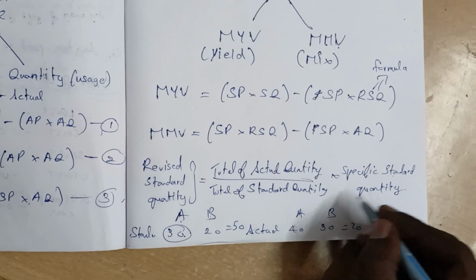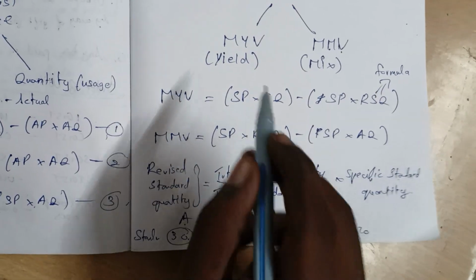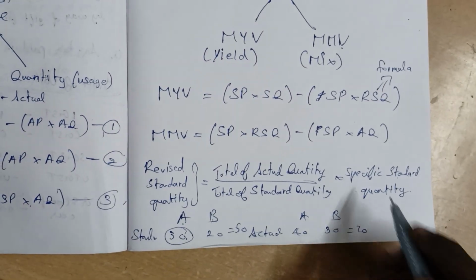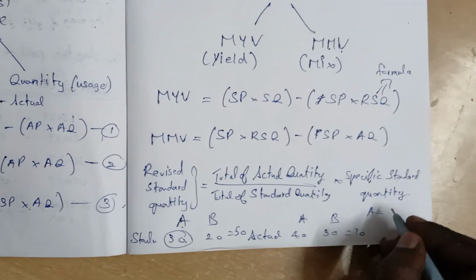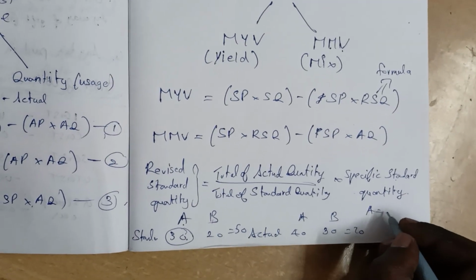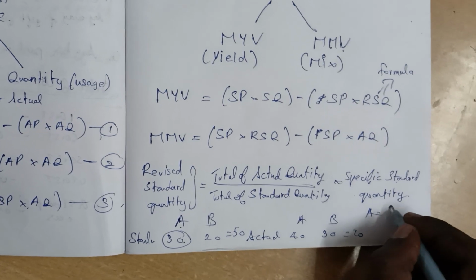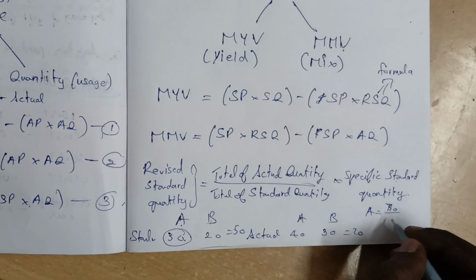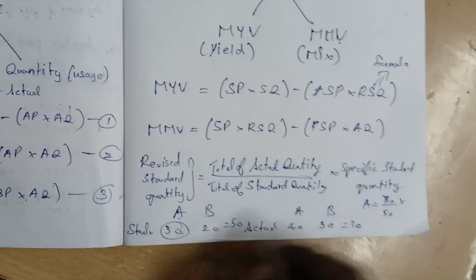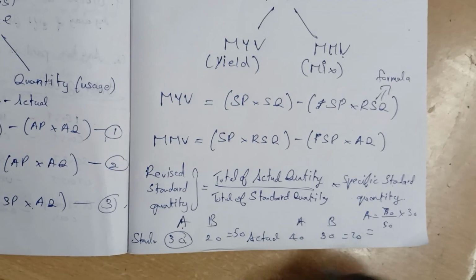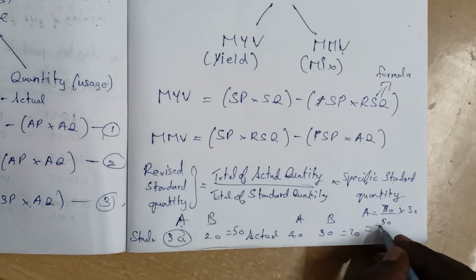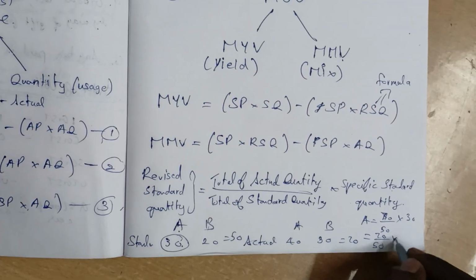You can't find one specific RSQ and use it for both A and B. You have to find it for each one. So A would be 70 by 50 into its specific quantity, which is 30. Similarly, B would be the same, 70 by 50 into 20.